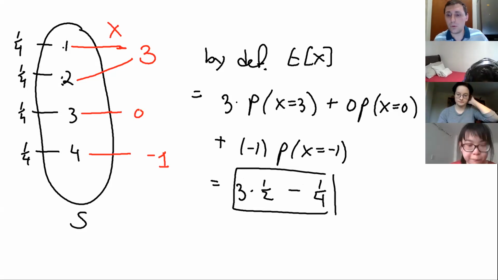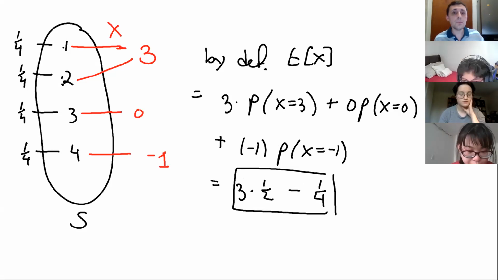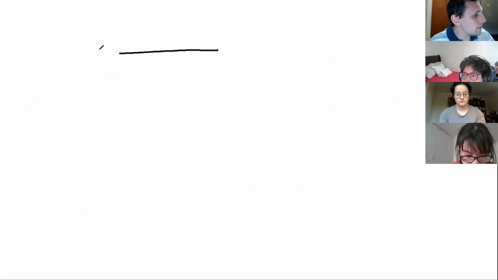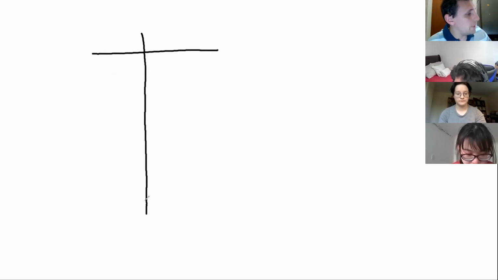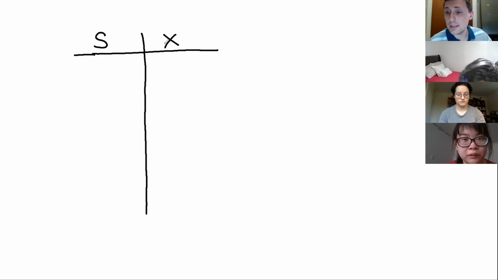But you have to remember, what is that expected value? What is it calculating? What it's calculating, guys, is if you play many games, right? This is the number of games that you play, so those are the outcomes of the sample space. And this is the value of X that you obtain, the payment. X is the payoff, right?